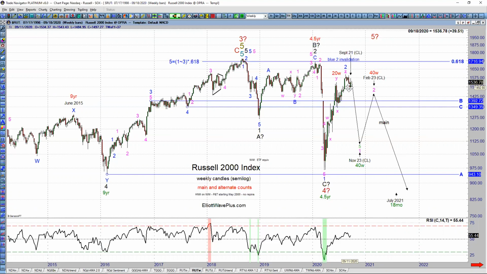There's the weekly candle right there, and as you can see, it's green. However, it gave up half of its gains on the week at the close. And that honestly does not look to me like a strong bullish candle formation.